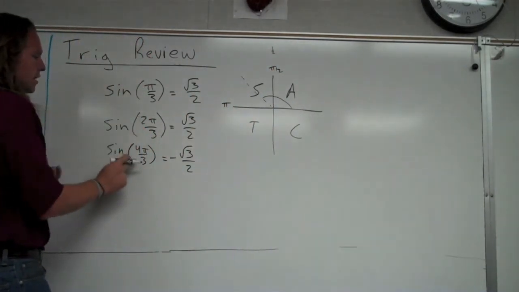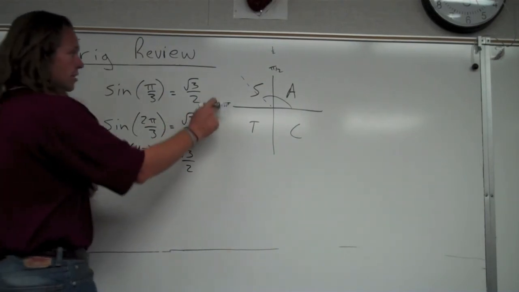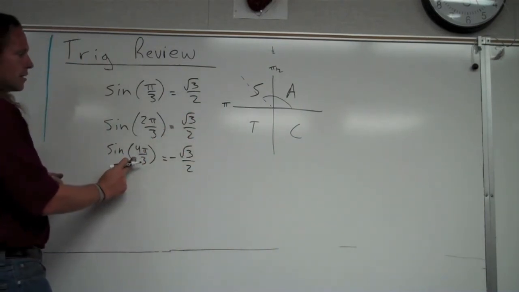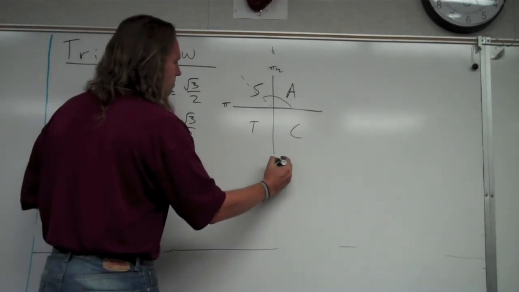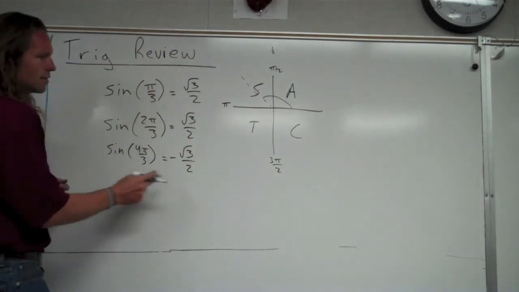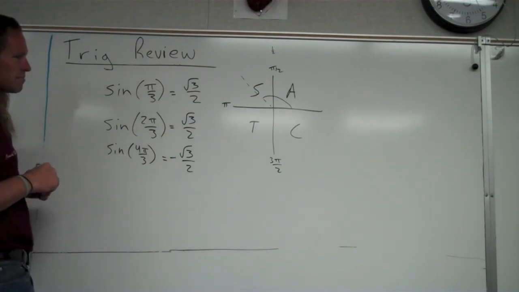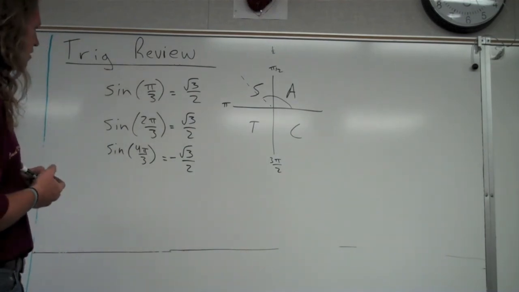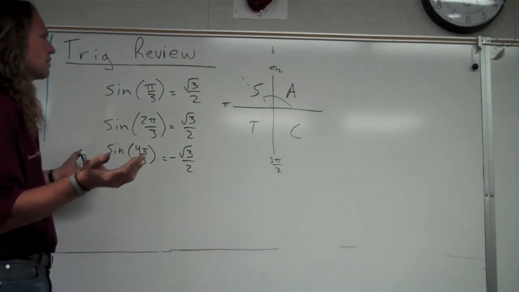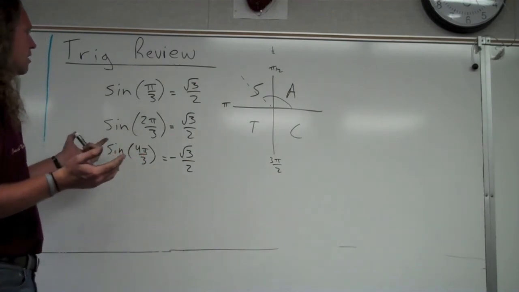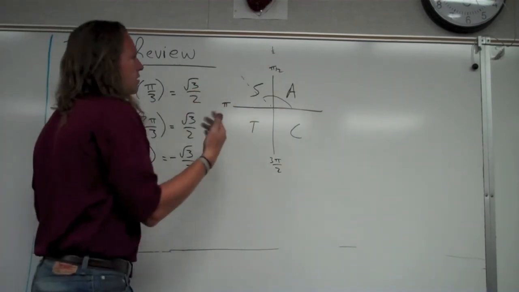And 4 pi over 3 is larger than pi, because pi would be 3 pi over 3. But this angle down here is 3 pi over 2. Again, you can compare the 3/2 and 4/3. 4/3 isn't quite as big as 3 over 2. Even if you wanted to, you could make them a common denominator and compare the two angles.